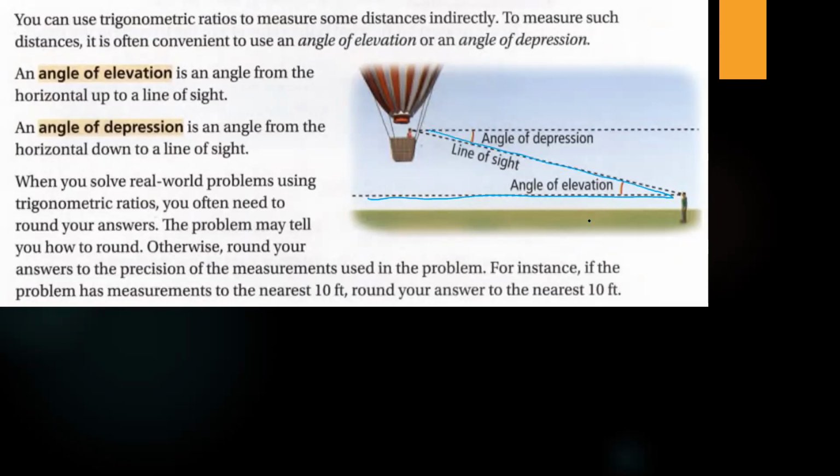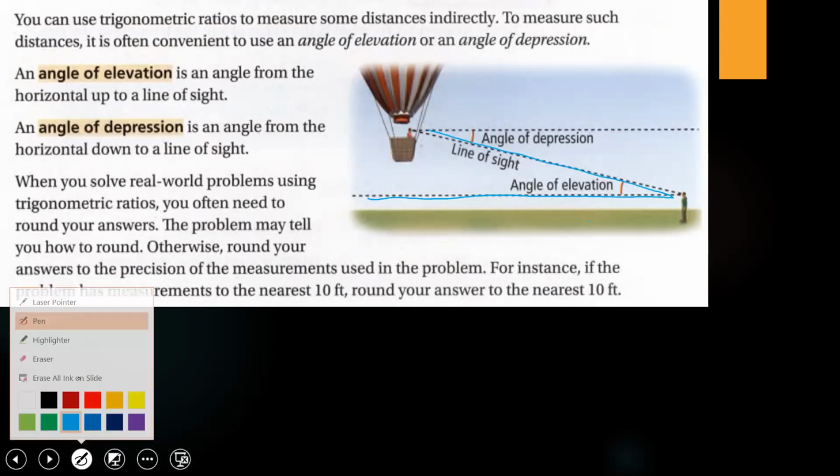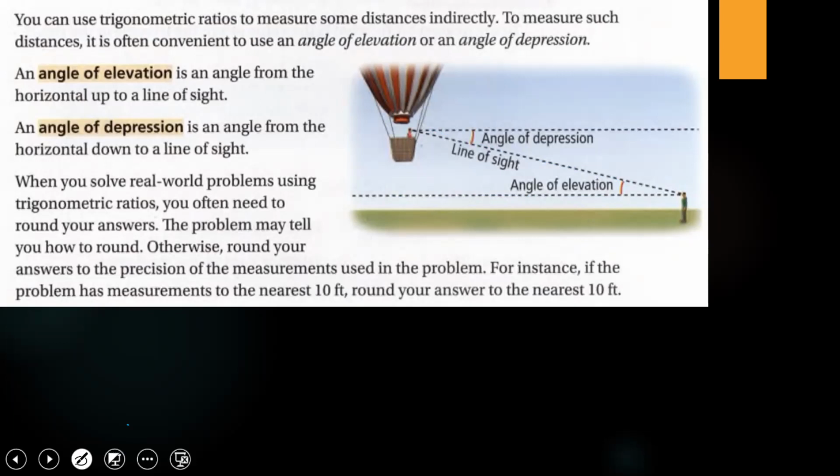Now look at this. Here we have a man that is standing here, and here we have a balloon that is flying in the sky. This man is looking at the balloon, so this is the line of sight. This line we call the horizontal line.